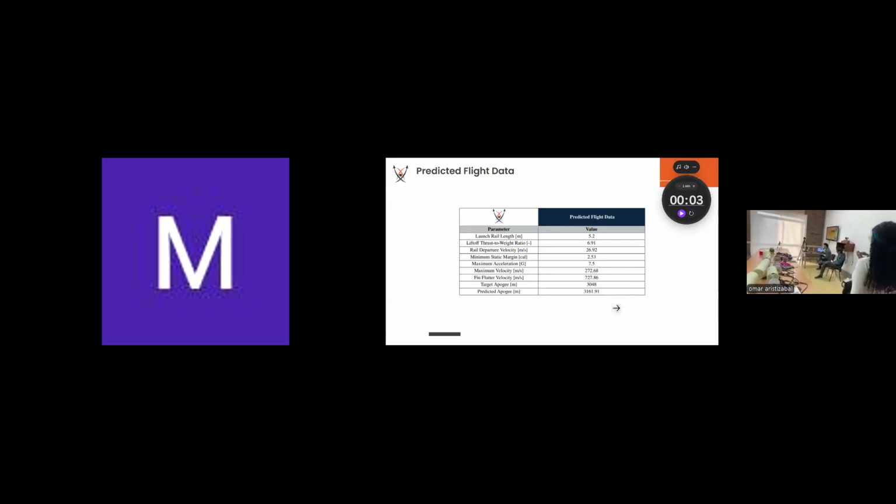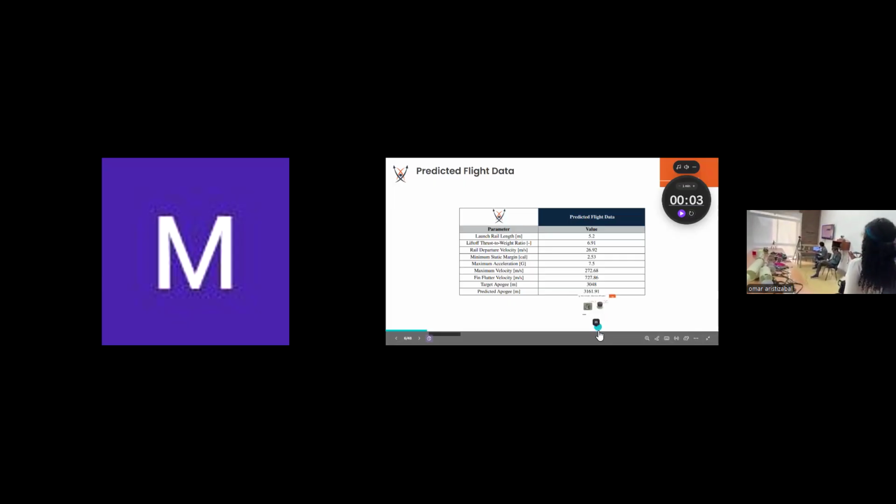So when you did your simulation, what length did you use for a rail to get your rail departure speed? We did it with the one that ESRA provides, but we also did the OpenRocket simulations with the effective rail lengths. So we are all good on the rail departure speed.